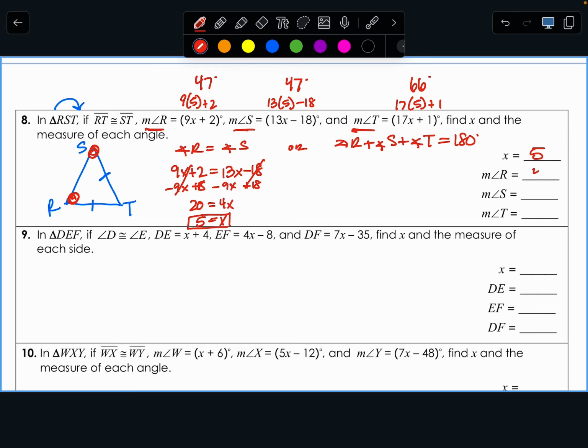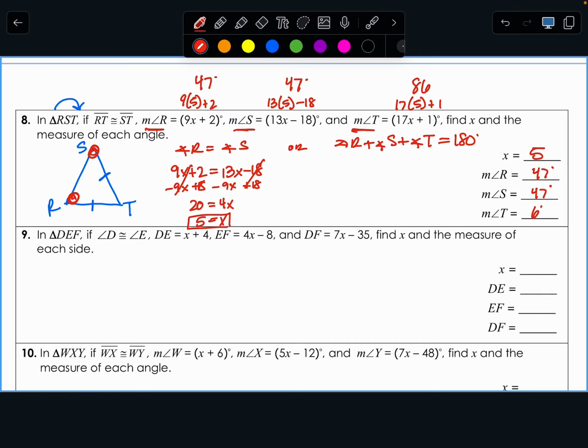So R is 47, S is 47, and T is 86. What did I put? Why did I put 66? It's supposed to be 86. Somebody stop me when I make, that's why I have a spelling bee thing on.